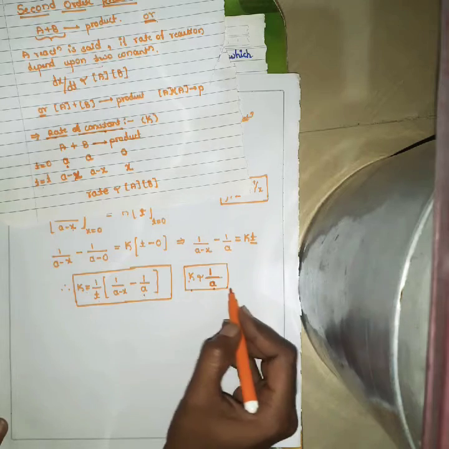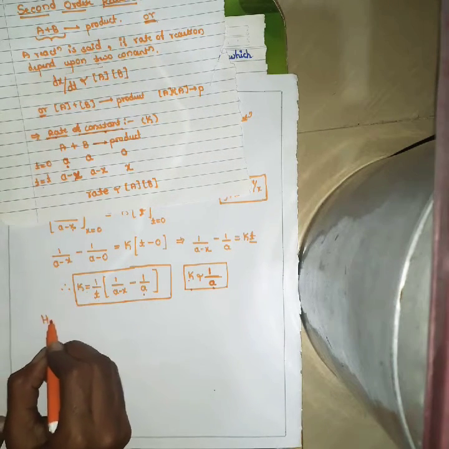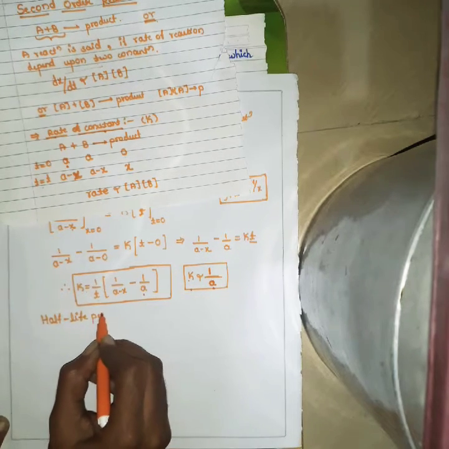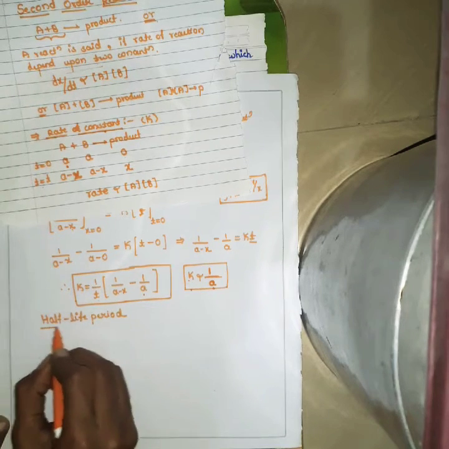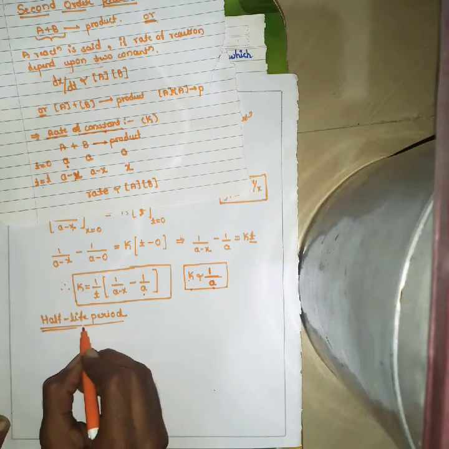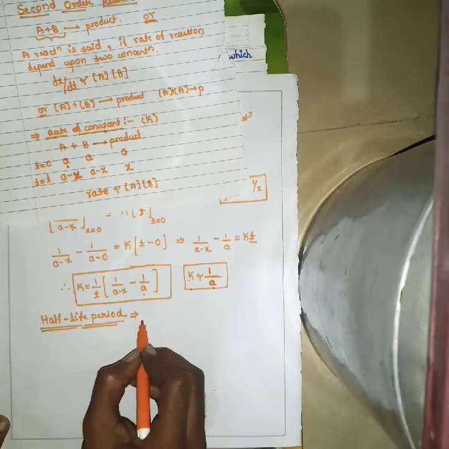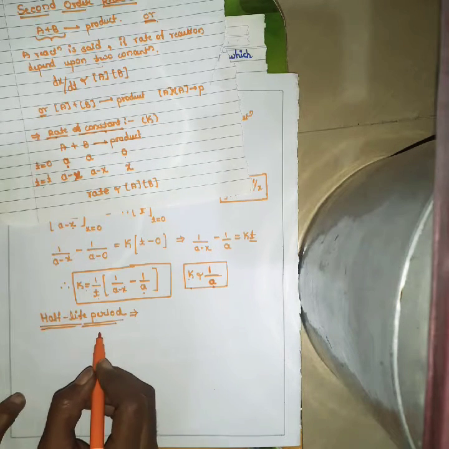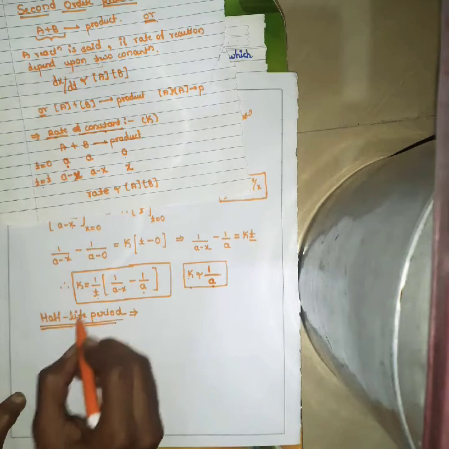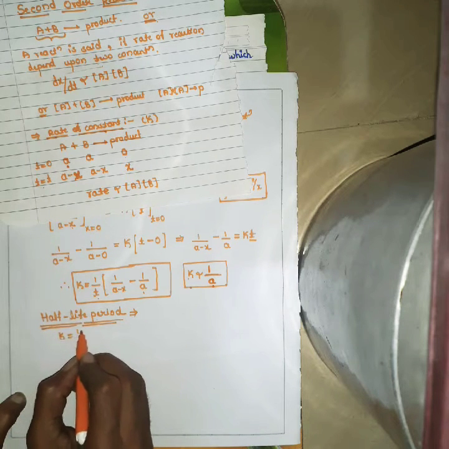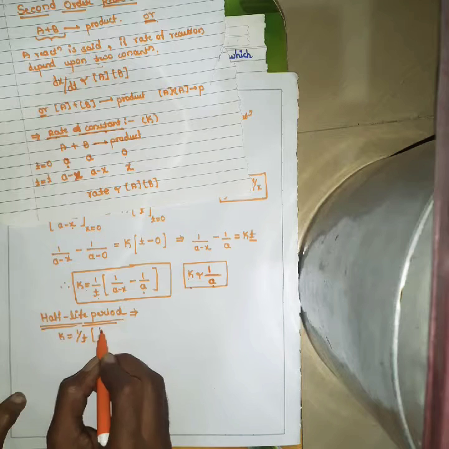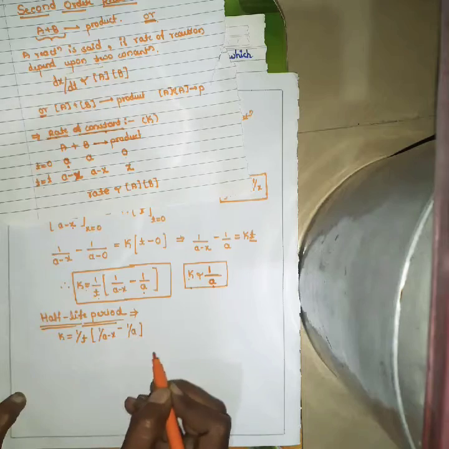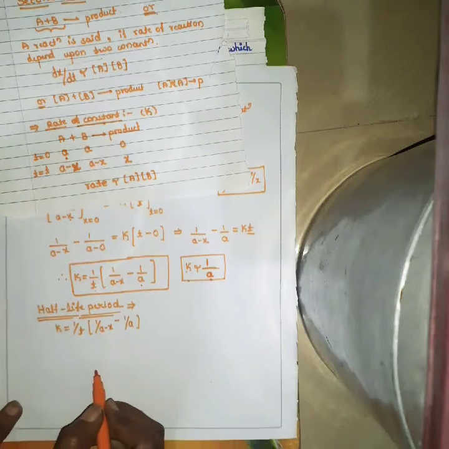For a second order reaction, we want to calculate the half-life period. In the last class I explained what is meant by half-life period: the time in which the initial value becomes exactly half. Consider this equation, k is equal to 1 divided by t into [1 divided by (a minus x) minus 1 divided by a], the rate constant for a second order reaction.